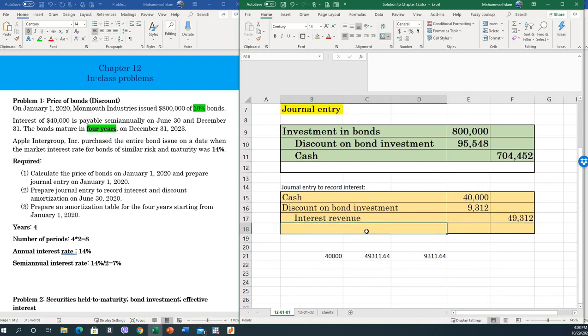Okay, so here is to record interest and discount amortization.